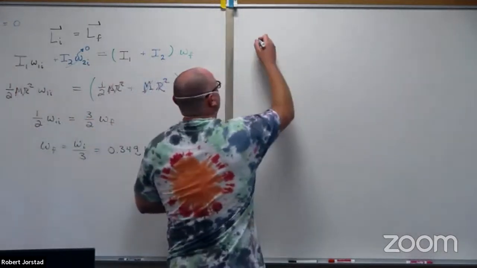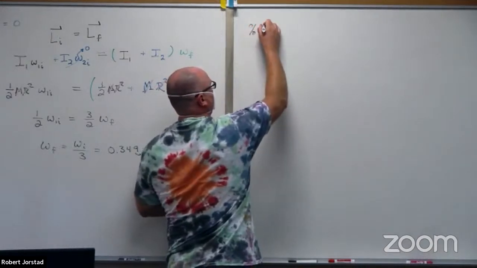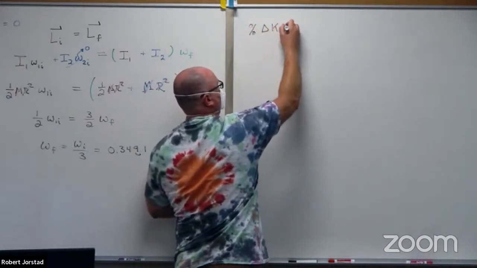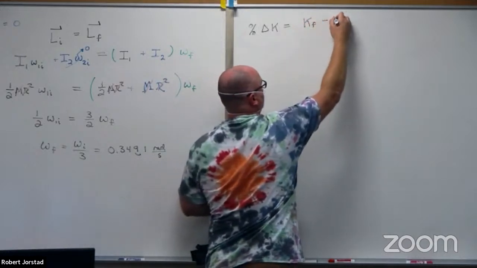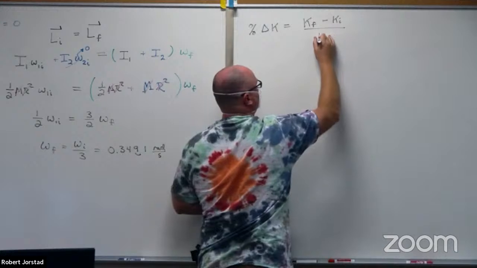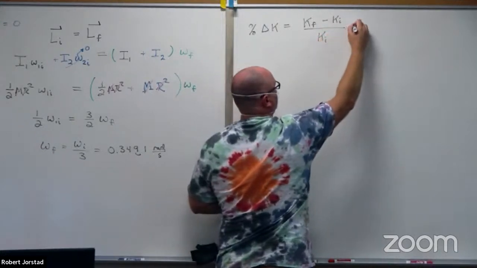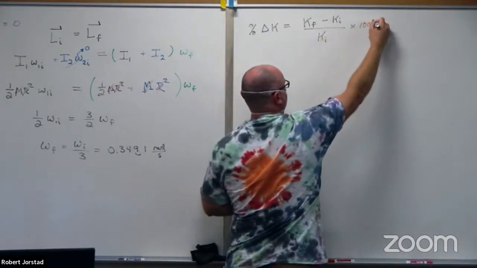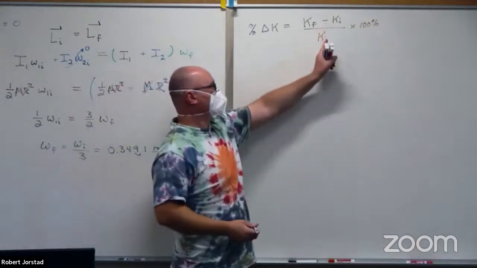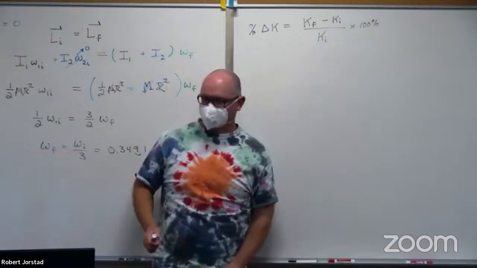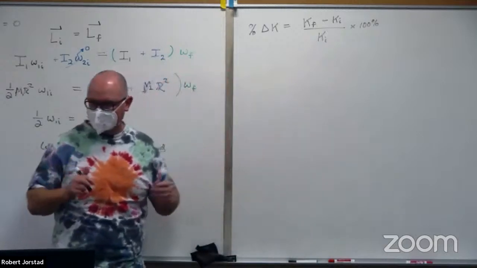So now, percent delta K will equal K final minus K initial, all divided by the initial K times 100%. That's the definition of percent change. It's the change over the initial value times 100%. That's percent change. Got it?